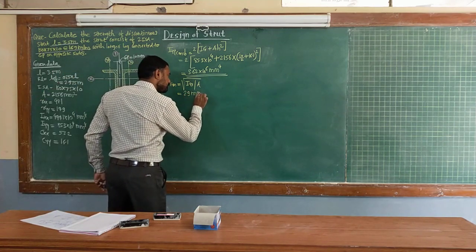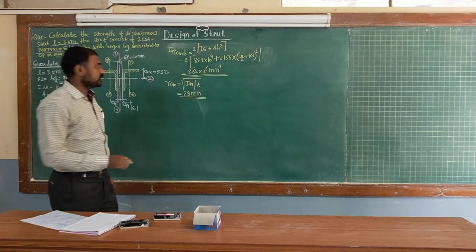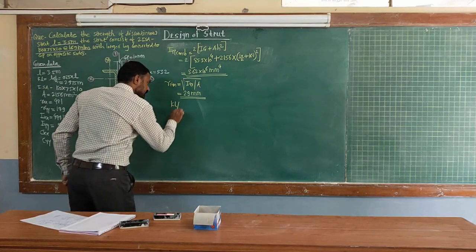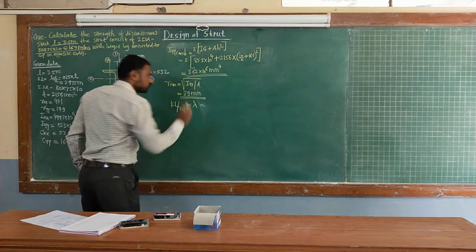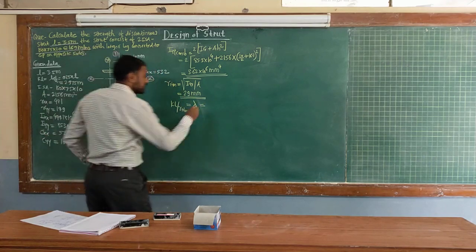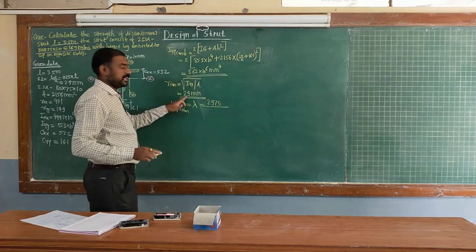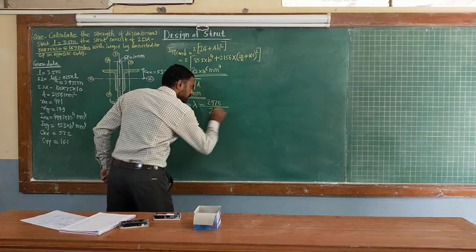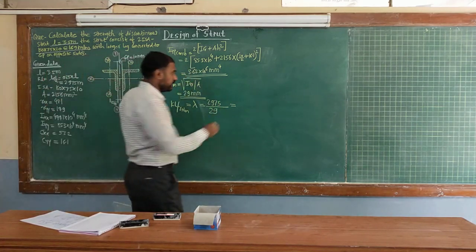29 mm. So this is the least radius of gyration, correct? Now last step, KL by R minimum is equal to lambda, so KL value is 2975 in mm divided by calculated least radius of gyration 29, and this is equal to, we are getting value as 102.58.